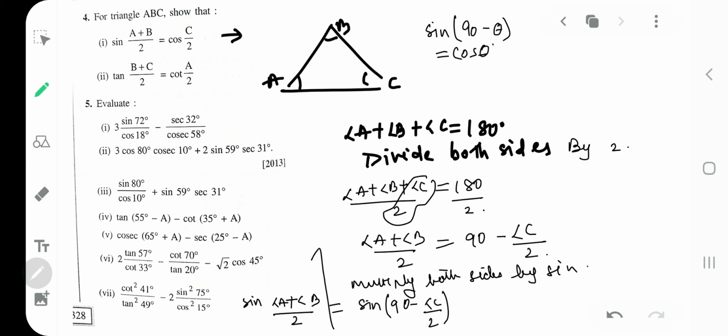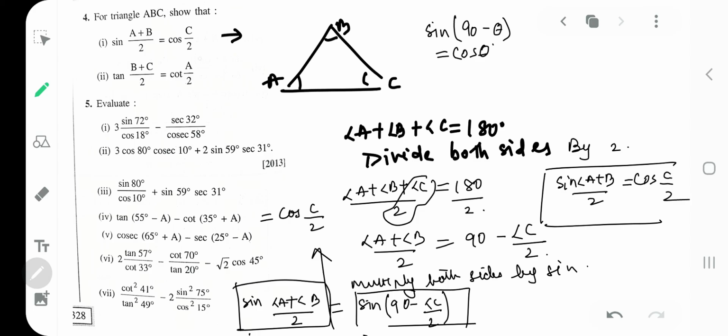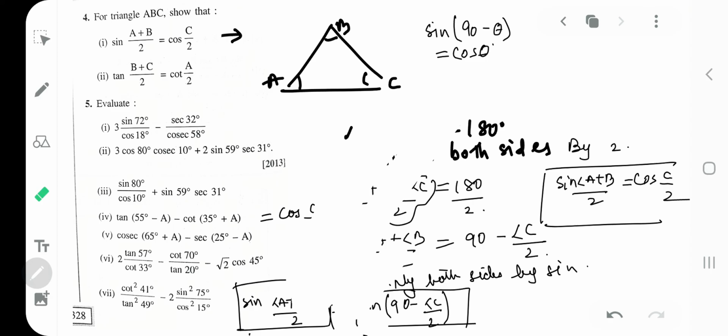So on the left hand side you write it as it is, and on the right hand side sine 90 minus C upon 2 will be cos C upon 2. So you will get the final answer: sine of angle A plus B upon 2 is equal to cos C upon 2. Clear? Fourth ka second will be your homework. You can do it on your own.